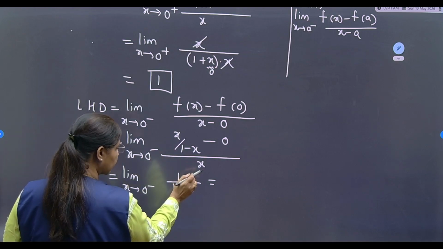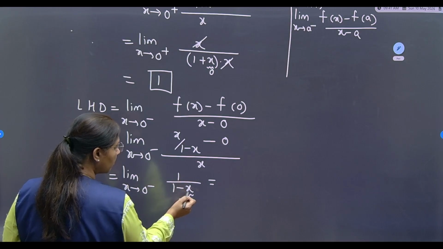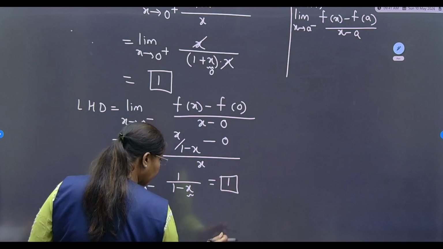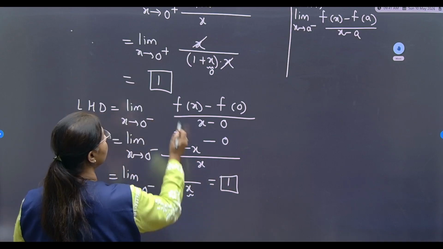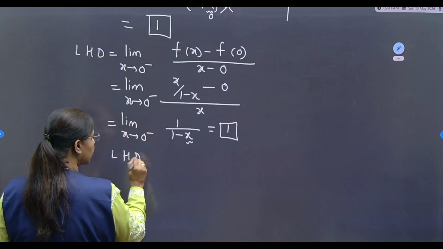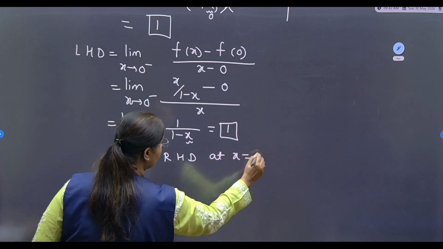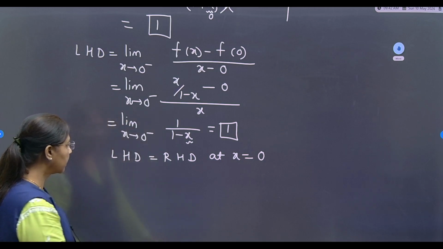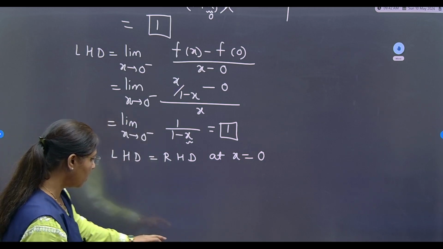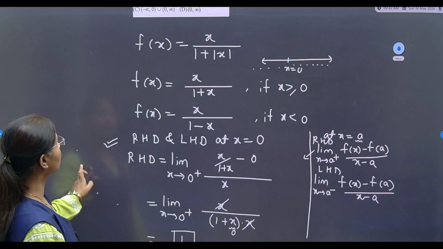Therefore x cancels, using the direct method put x equals 0, 1 upon 1 minus 0, that is 1. Therefore LHD is 1 and RHD is 1, both values are the same. Therefore LHD equals RHD at the point x equals 0, the left hand derivative is equal to the right hand derivative at x equals 0.